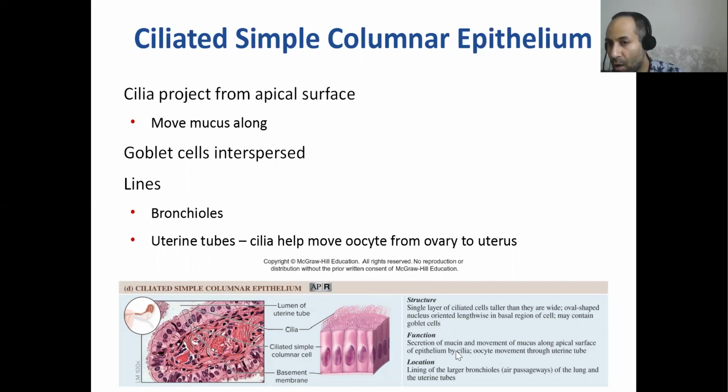And therefore, chronic smokers, people who smoke for long periods of time, often develop something called the smoker's cough, okay? And we all know what that smoker's cough sounds like. It's very wet, productive, like paroxysmal attacks of cough, right? And why is that? Because the cigarette smoke basically destroys the cilia.